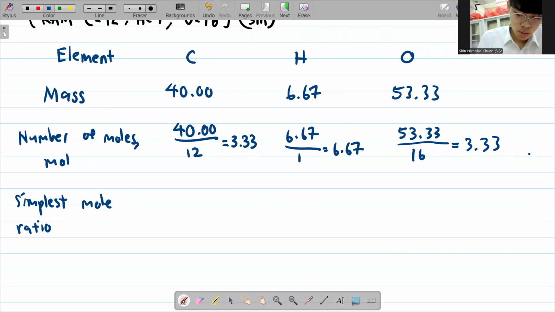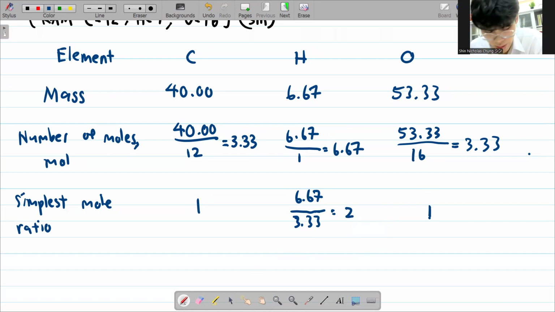So 3.33 divided by 3.33 for our carbon will be 1. 6.67 divided by 3.33 will get 2. 3.33 divided by 3.33, we get 1, and for oxygen, 3.33 divided by 3.33, again we get a 1. As you can see, this is already our simplest mole ratio, as it's already in whole number, where we don't have decimals inside.